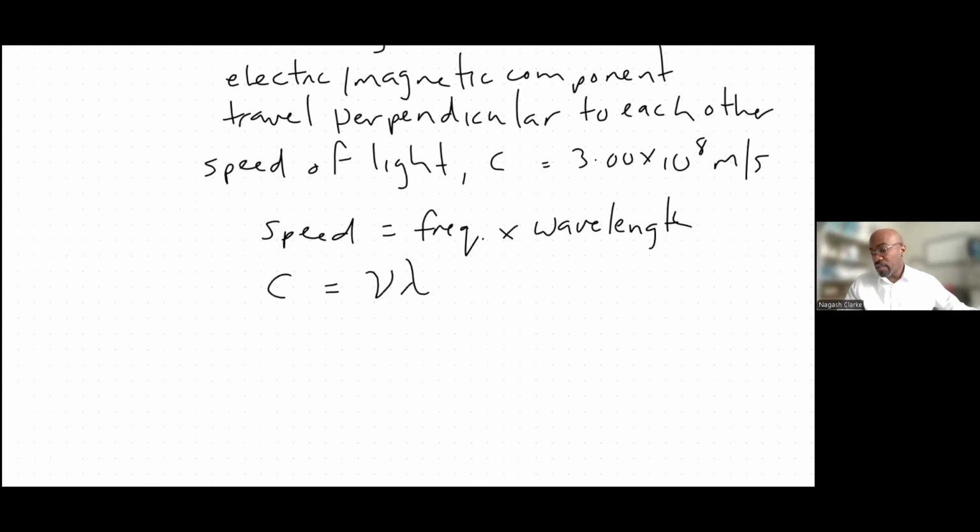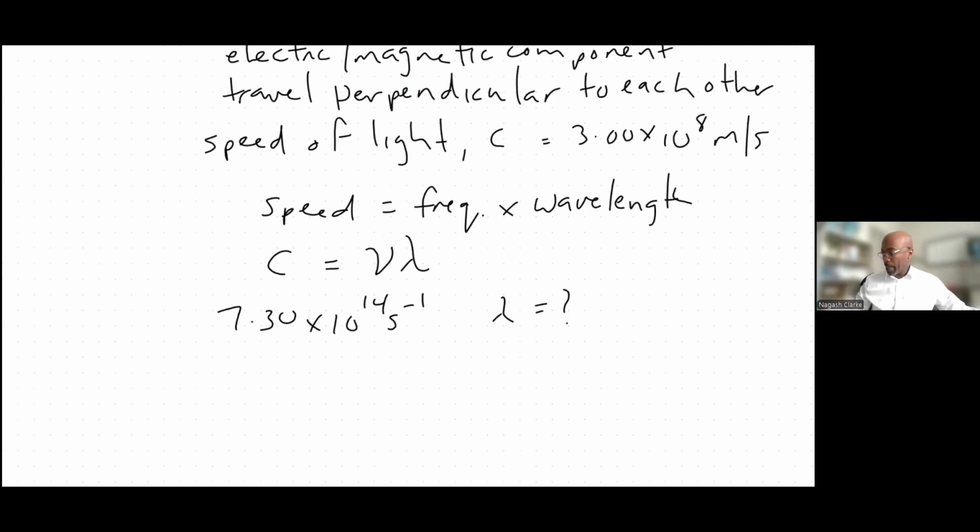So let's look at an example. If I have light traveling with a frequency of 7.30 times 10 to the 14 reciprocal seconds, what is my wavelength? So c is equal to frequency times wavelength.